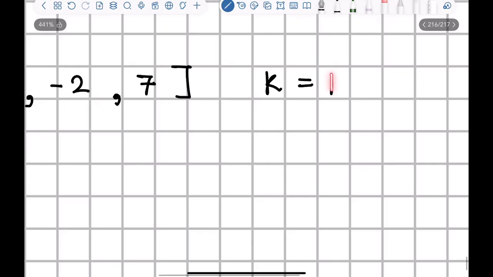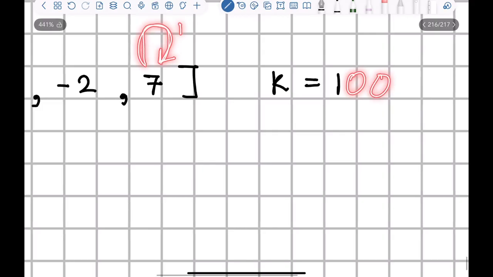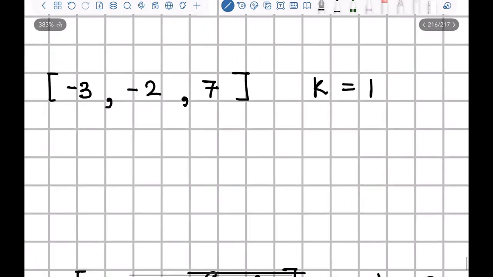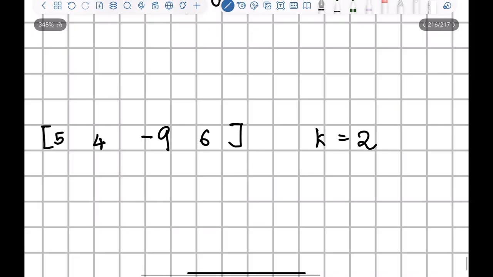Even if k was 100, this would have come here twice, thrice, 4 times, 5 times, 6 times. So whenever we have just one non-negative integer, we just have to return the original array back again.